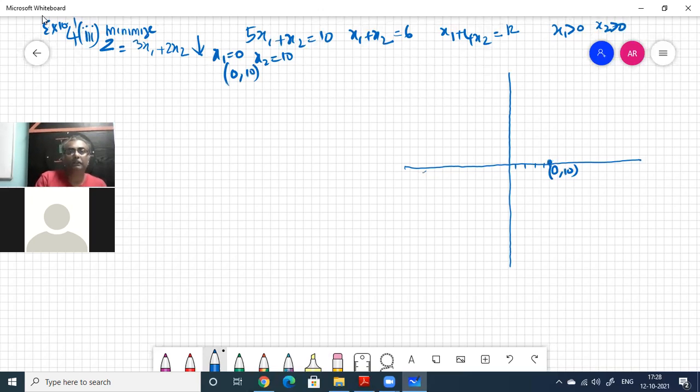Then take x2 equal to 0. 5x1 equal to 10, x1 equal to 10 by 5 equal to 2. So this point becomes (2, 0).